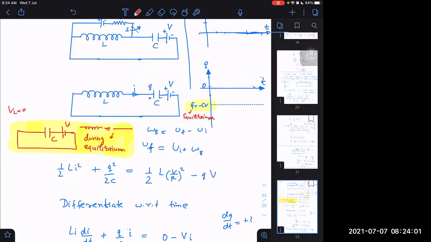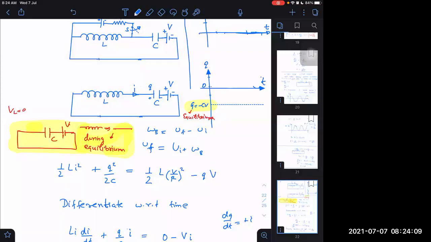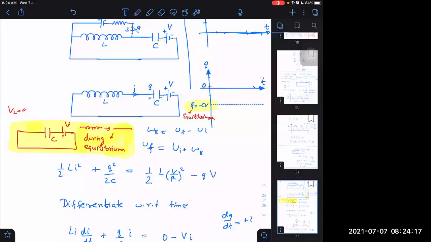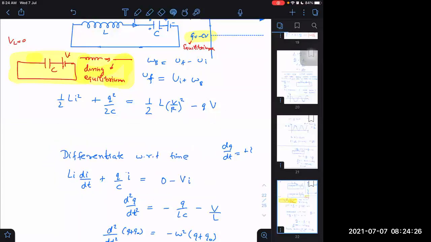But what about the extreme position? How to get the extreme? When I is 0. If I is 0, then I can use conservation of energy. This was done before, but I don't need all this.